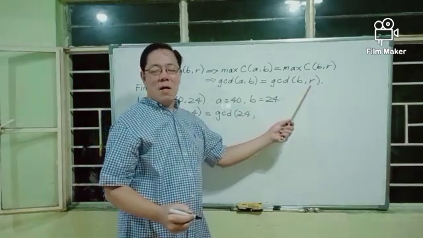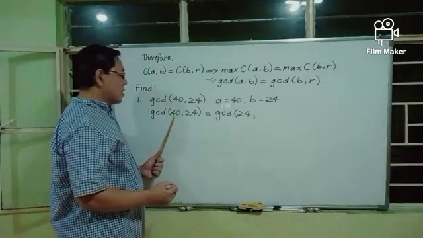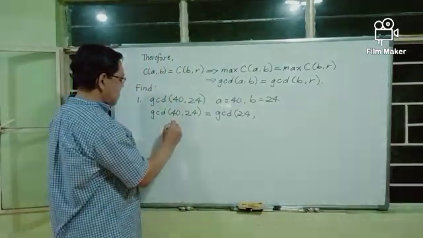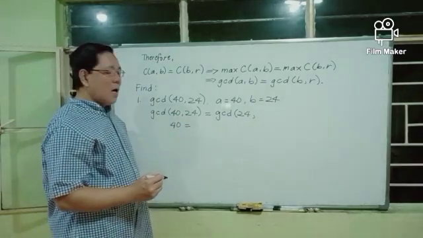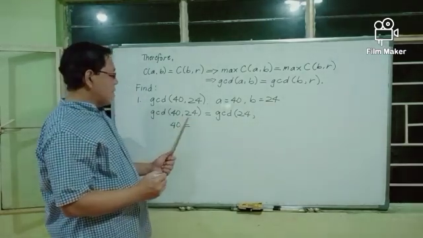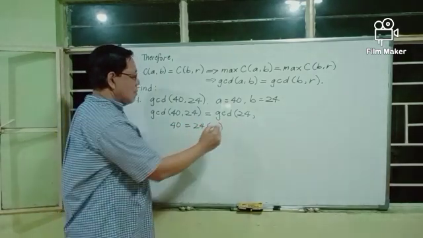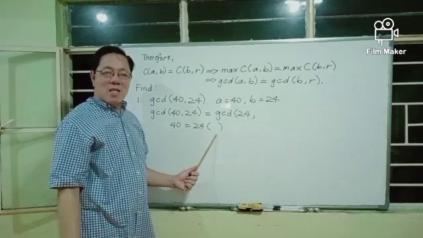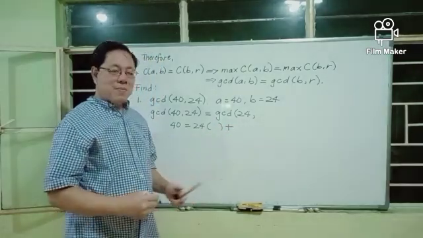And the integer R, the remainder, if we write 40, A, as B multiplied by Q, which is some positive integer, plus the remainder.